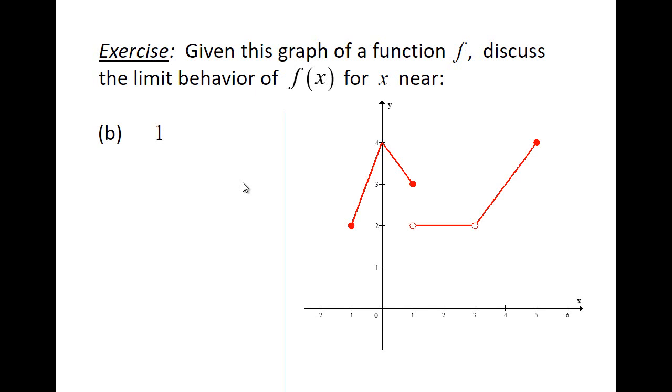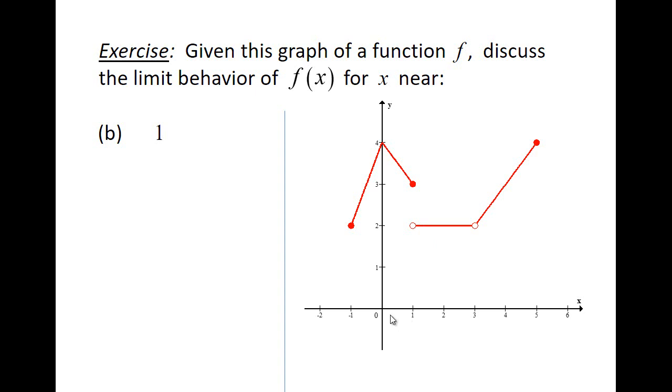Okay, the same function, but this time we want to look at the limit at 1. So here you can see that I can make the value of the function as close to 2 as I desire simply by choosing x close enough to 1 on the right side of 1. So I see that the right-hand limit at 1 is 2, but what's the left-hand limit at 1?